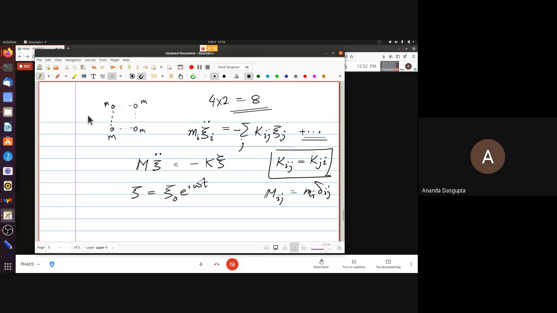That is, from xi you go to some new eta, and the equations for eta basically look like eta 1 double dot is something times eta 1, eta 2 double dot is something times eta 2, and so on. And these somethings are constants which depend on the kij's and mi's, but ultimately what you have done is you have managed to decouple the equations.